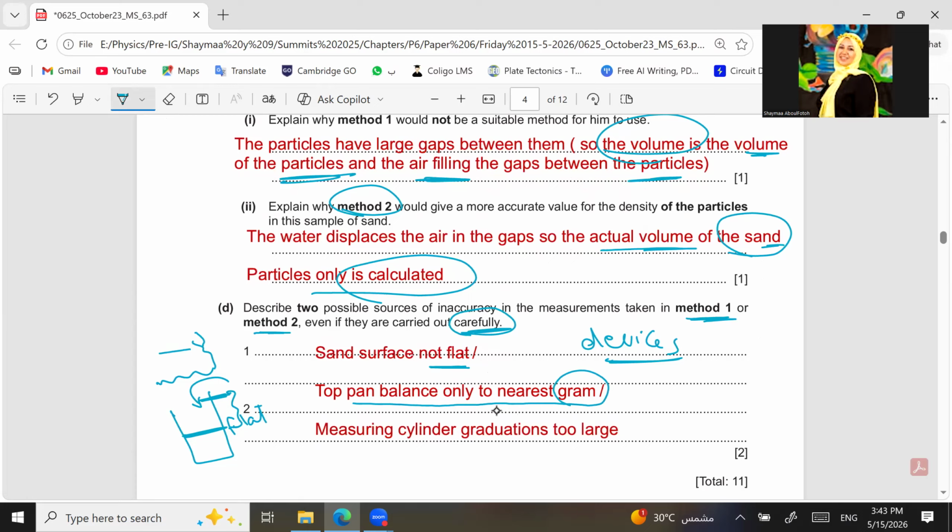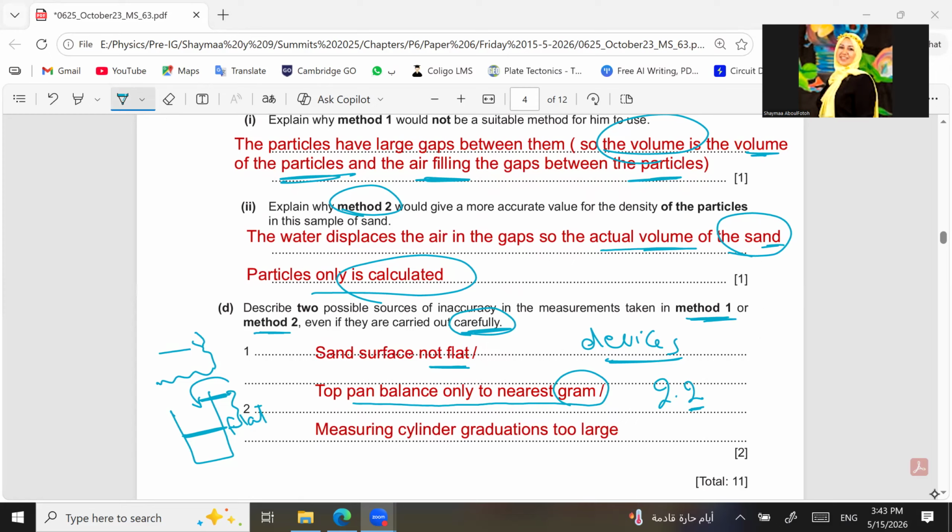This is one of the sources of inaccuracy, because if the mass is, for example, 2.2, how can I take it to the nearest gram? So the pan balance only reads to the nearest gram, and this is one of the precautions which we have to follow.